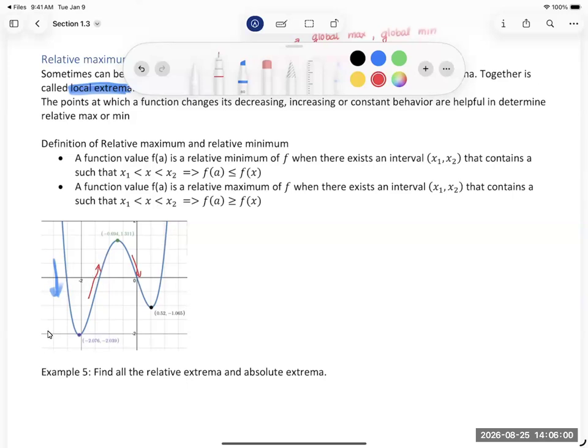where the curve increases again. So based on the increasing and decreasing, you can see that when the graph changes from decreasing to increasing, you have the lowest point right there. This is called the local minimum. And if the graph changes from increasing to decreasing, I will have the point called local maximum.